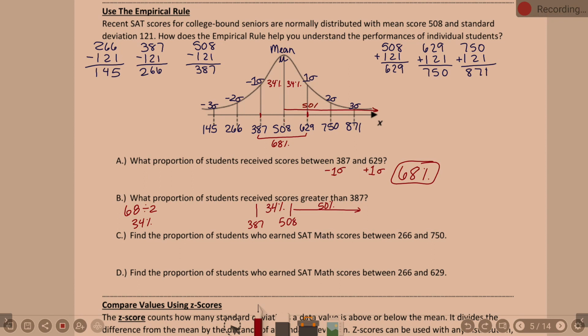So what could you do here? Add the two. So the 50% plus 34%, which is indeed 84%.